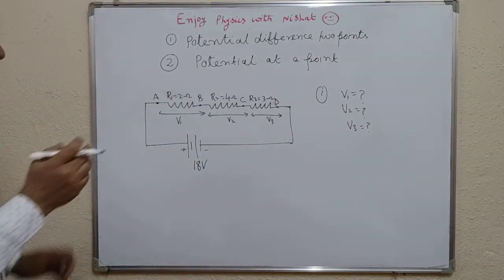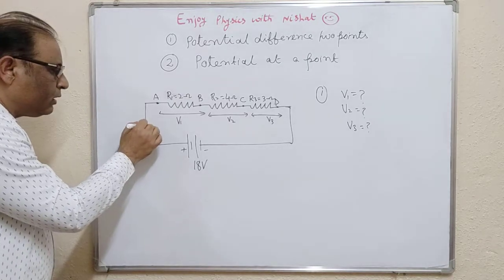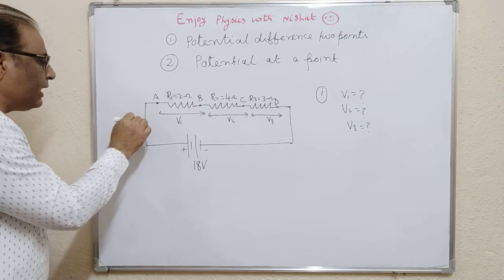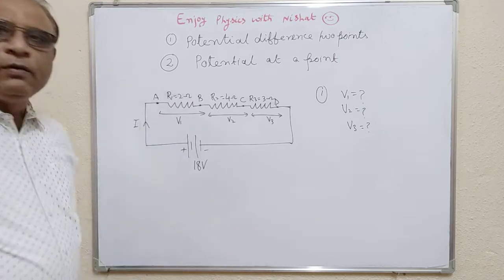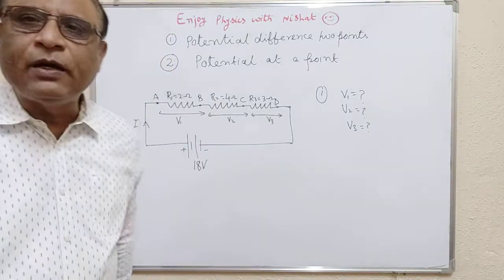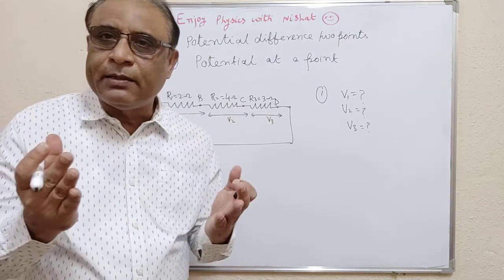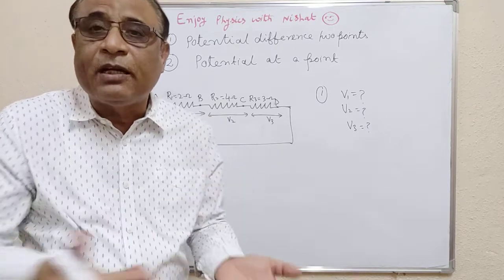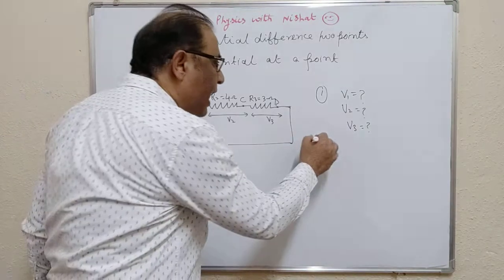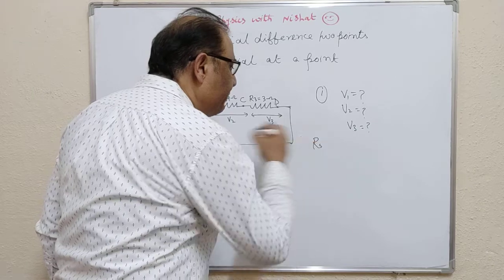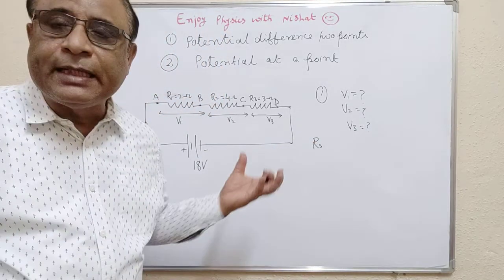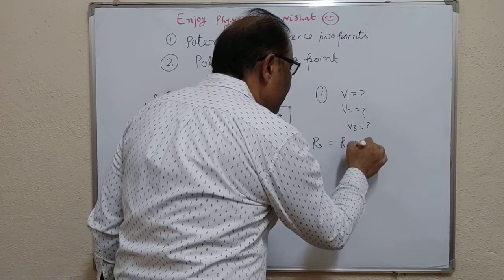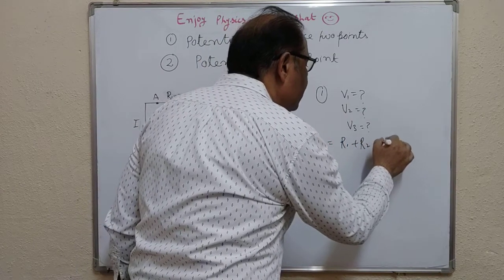It is very clear. To find out drop, you must find out current in the circuit, total current in the circuit. For that, you have to find out equivalent resistance, total resistance in the circuit. They are in series, simple arithmetic addition here. So if RS means total resistance in series, that is R1 plus R2 plus R3.